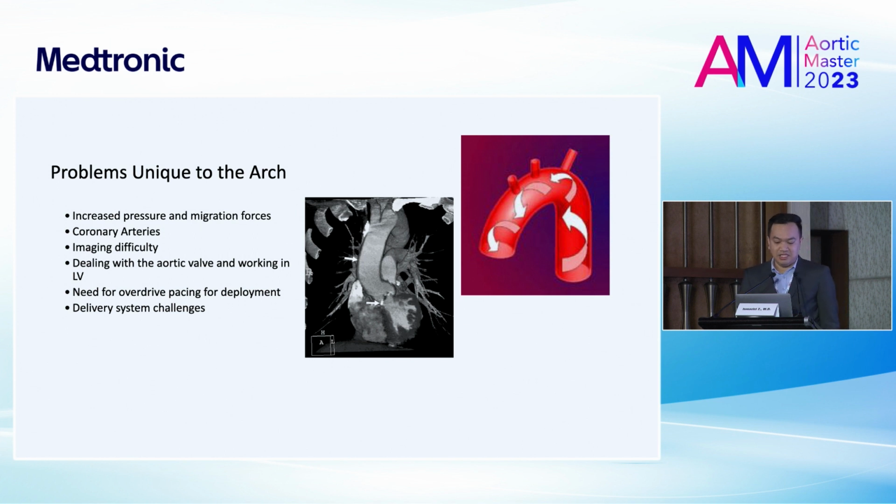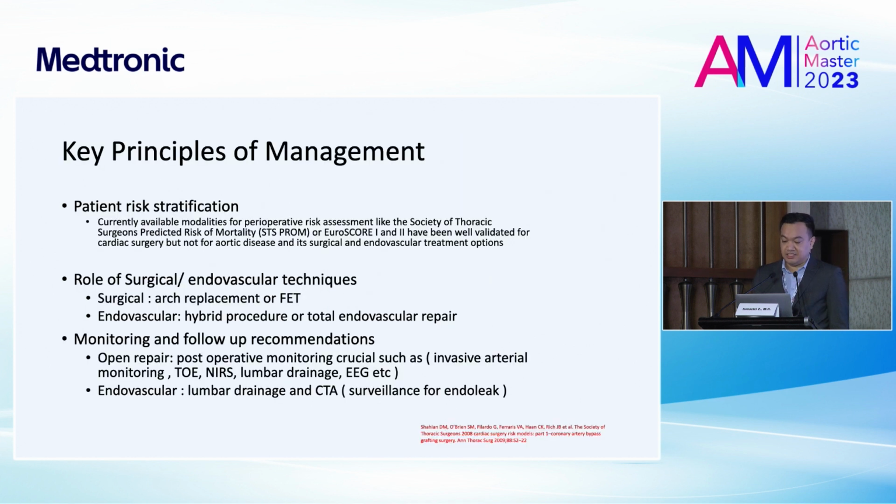We have to deal not only with the coronaries, but also the aortic valve, and sometimes we have to work in the LV. At the same time, imaging gives us some difficulty, especially finding the best axis to get good images. We also need overdrive pacing for deployment, and there are delivery system challenges. These are the issues we face with endovascular treatment, especially at the arch.